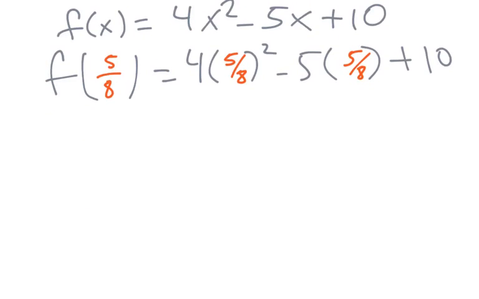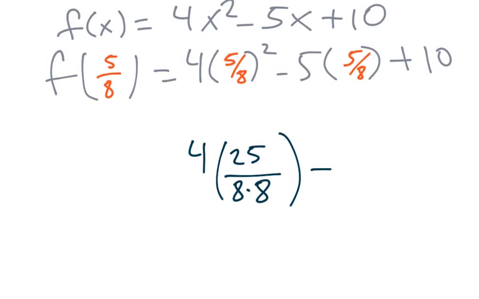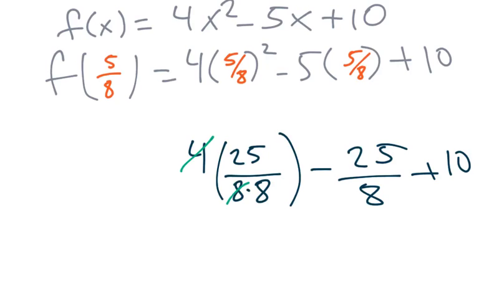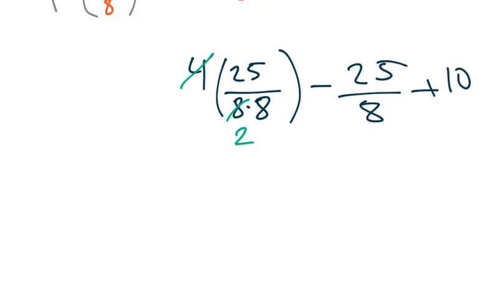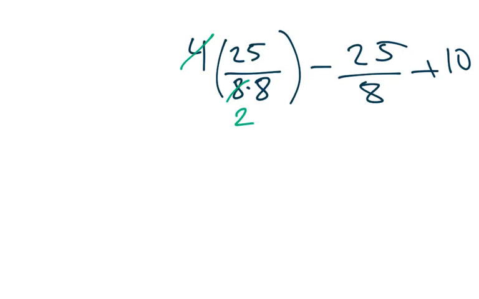So this gives me 4 times 25 over, I'm going to rewrite, I understand that 8 squared is 64, I'm going to write it as 8 times 8, minus 25 over 8, plus 10. And so now I'm going to use some math ninjutsu. 4 goes into 8 2 times.